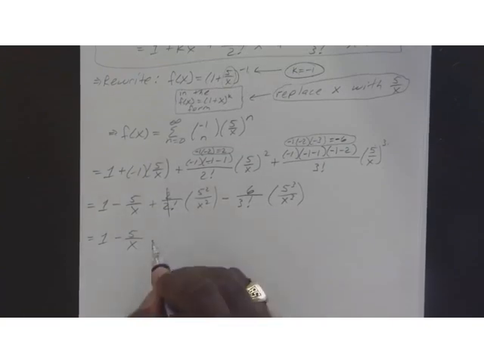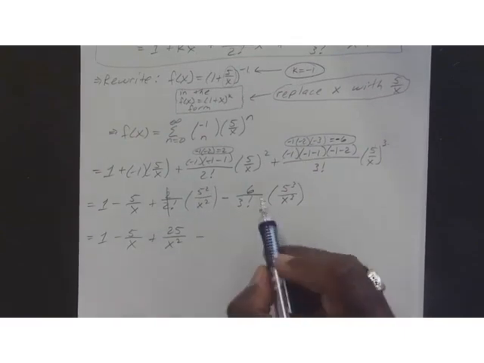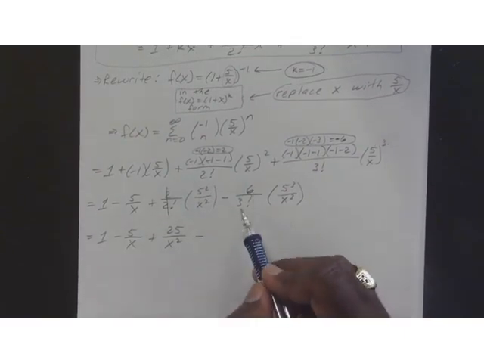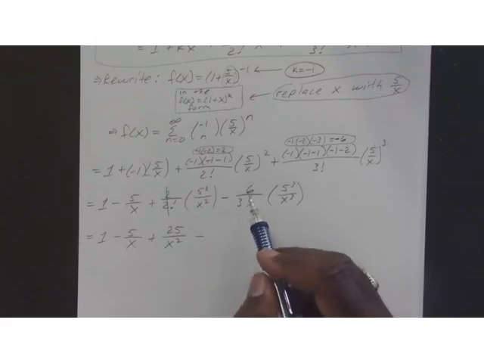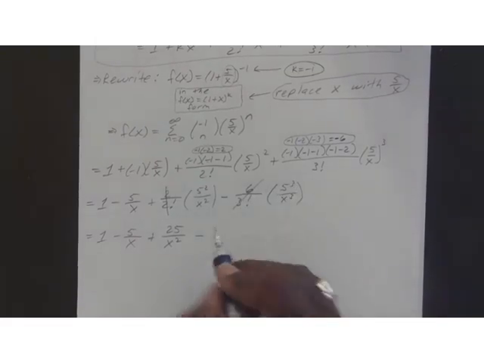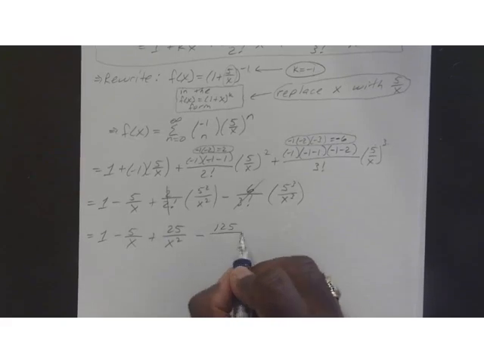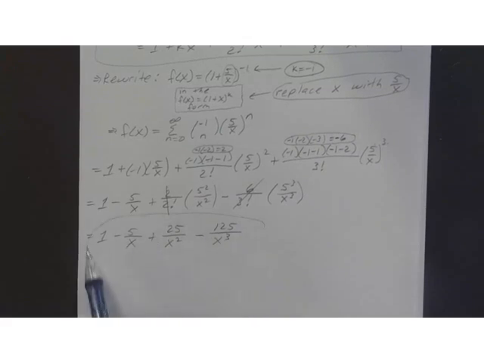So that leaves us with plus 5 squared, which is 25, over x squared, minus 6 and 3 factorial, well, 3 factorial is 3 times 2 times 1, which is 6. So those two cancel each other out. So we have 5 to the third power, which is 125, divided by x to the third power. And those are the first 4 terms of the binomial series.